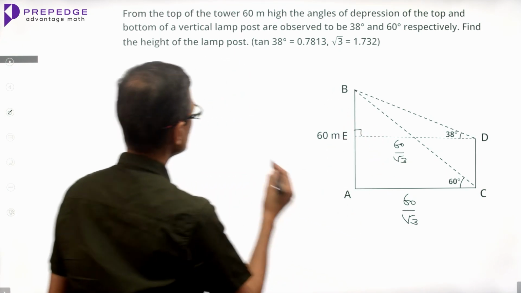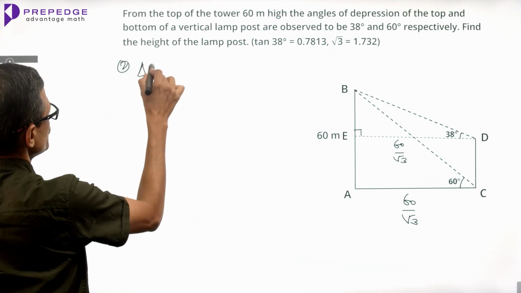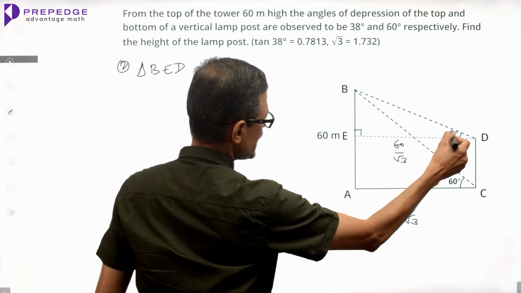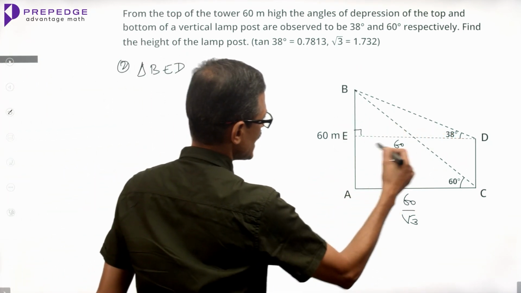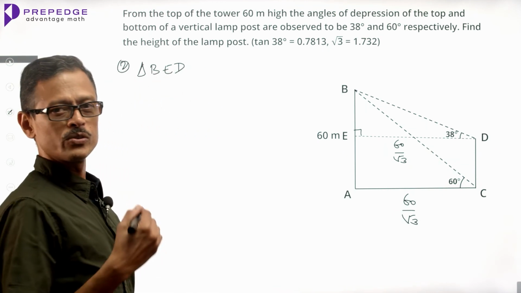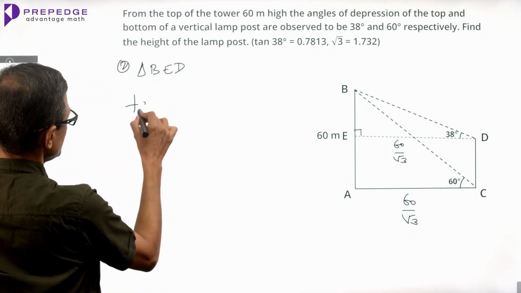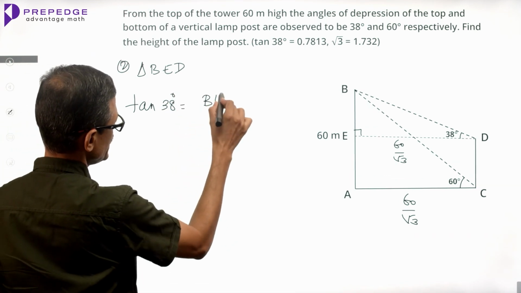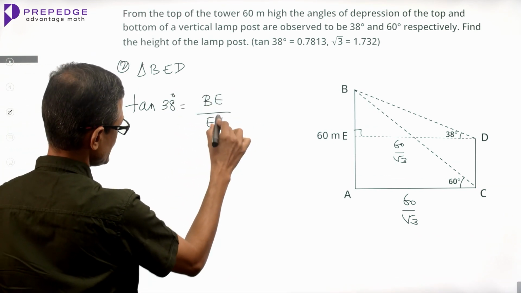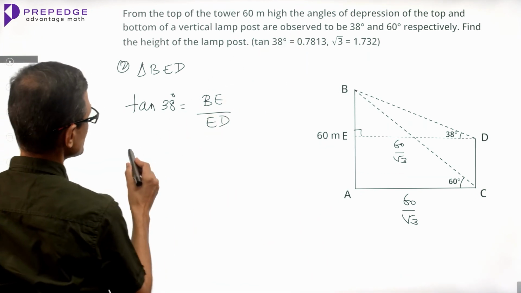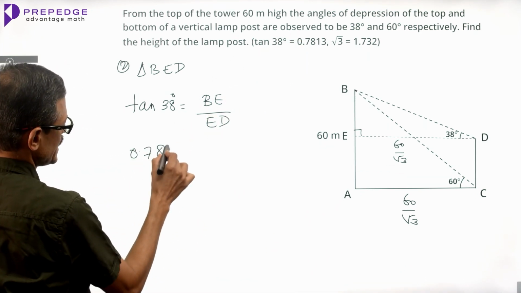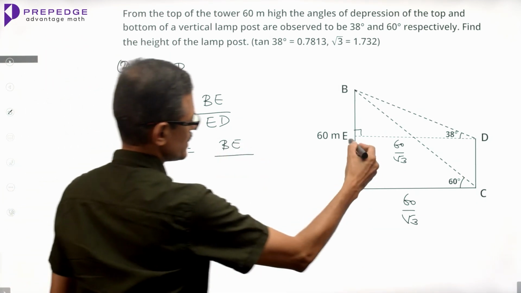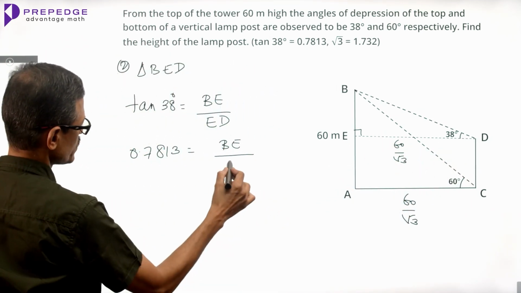Step 2, we are going to look at right triangle BED எடுக்க போறோம். இதுல வந்து angle 38 degrees க்கு opposite side is BE, adjacent side is ED. So using tan 38 degrees is equal to the opposite side BE divided by the adjacent side ED. இதோட வேல்யூ கொடுத்துருக்காங்க, 0.7813. BE தான் நம்ம கண்டுபிடிக்க போகிறோம், which ED is equal to 60 by root 3 அப்படின்னு வந்துருச்சு.